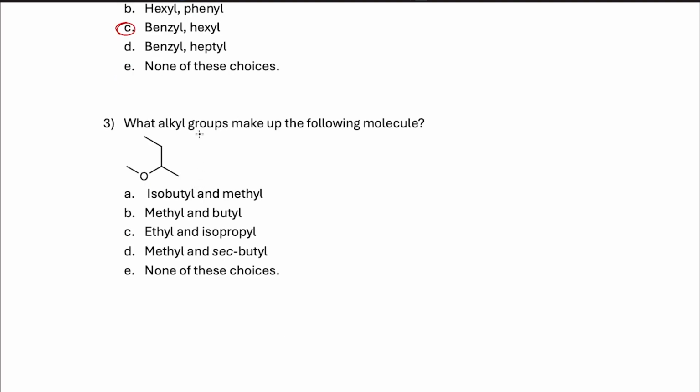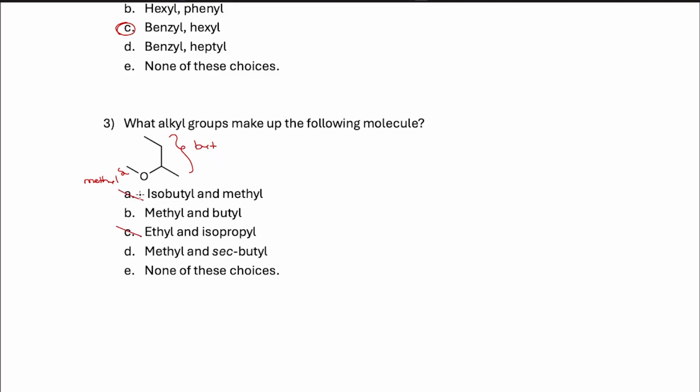The next problem is asking us what alkyl groups make up the following molecule. Again, to the left side, I see one carbon, which is definitely a methyl group. And to the right, I see this complicated structure. I can determine that I have 1, 2, 3, 4 carbons, meaning that I have something with the prefix but-, right? And so my answer choice will definitely include methyl.